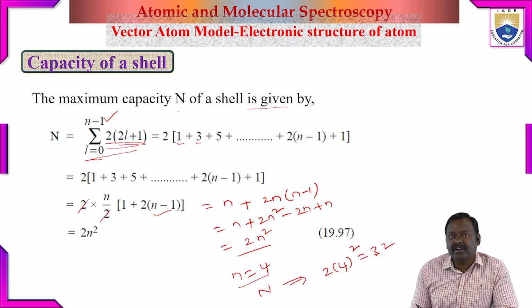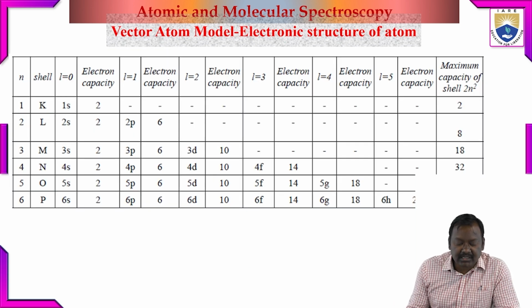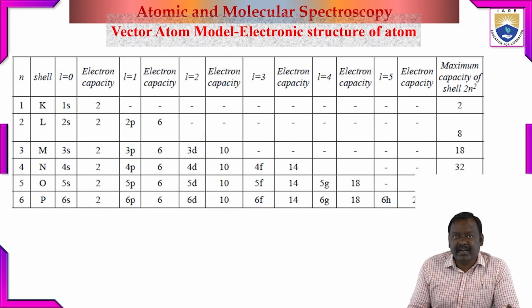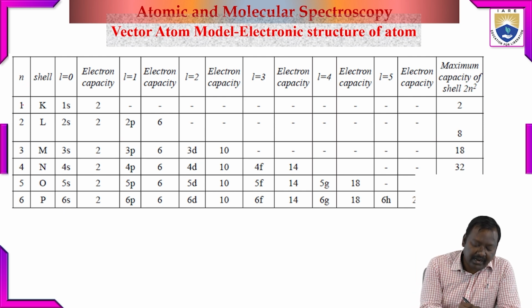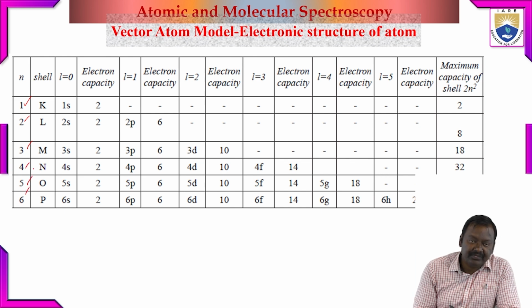32 electrons can be filled in the orbital having n value 4. So all these electrons filling in different orbitals or different subshells can be seen in this table. For example, n equal to 1, 2, 3, 4 are given in this column, the principal quantum number n value.